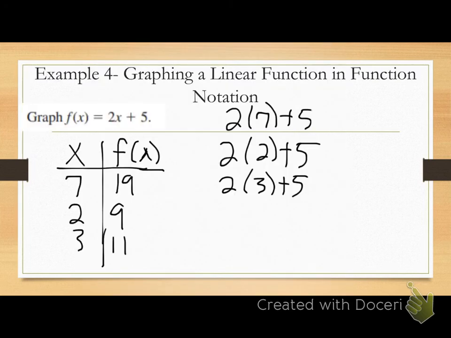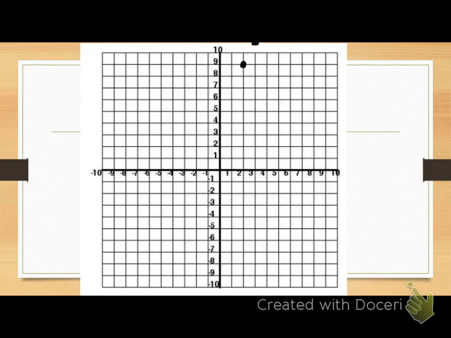Okay, pick another value. 1. Plug 1 in. 2 times 1? 2. 2 plus 5? 7. 1 comma 7. Is that going to be on the graph? Yes. Right 1, up 7. Everyone seeing how we're doing this?